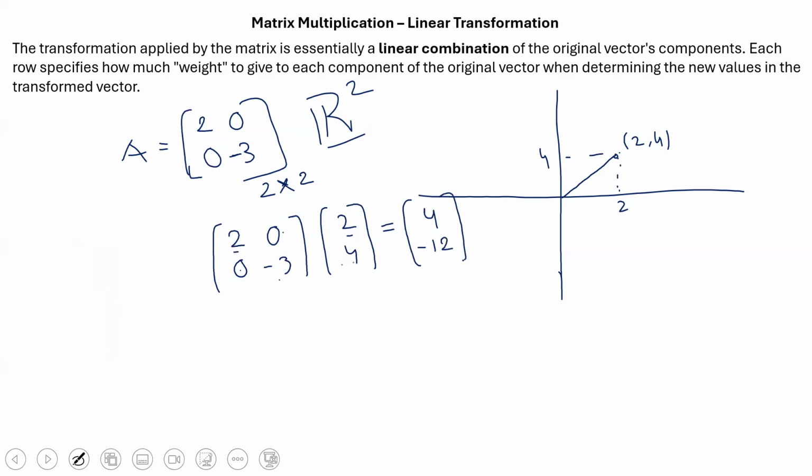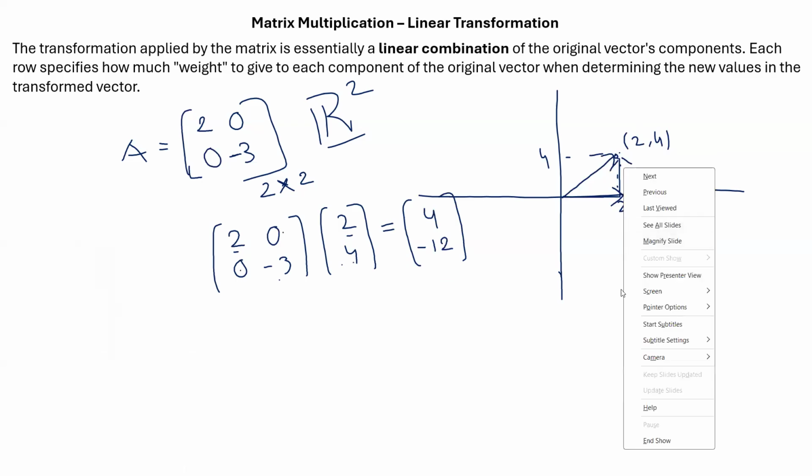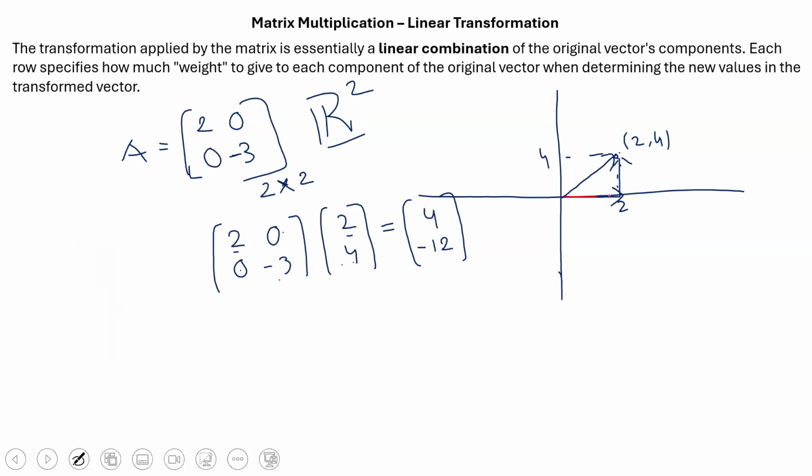Now if I draw this point again, what am I getting? This 2, 4 gives us this vector. Now the transformed point looks like this: 4 and minus 12.